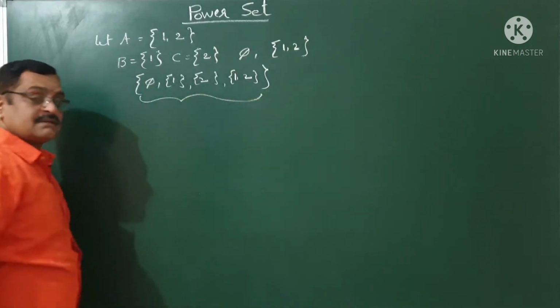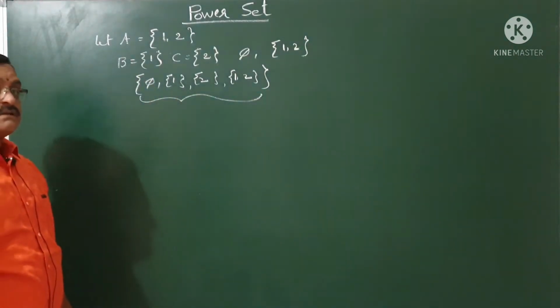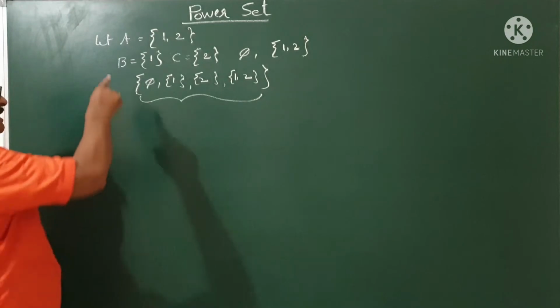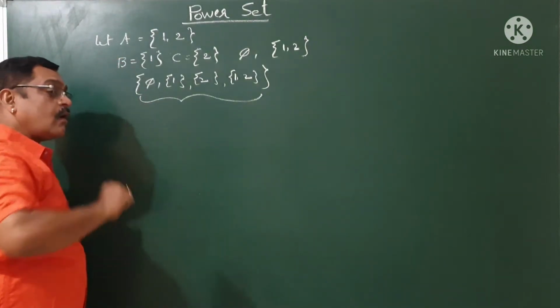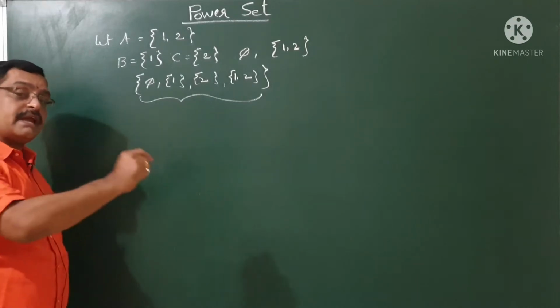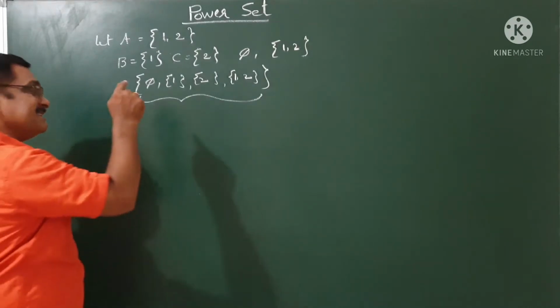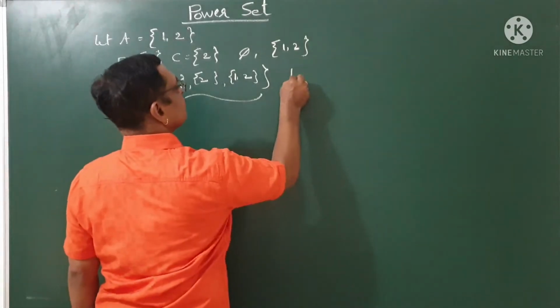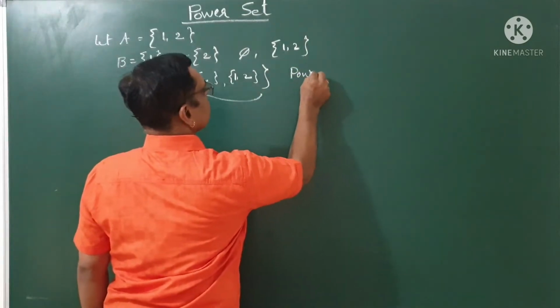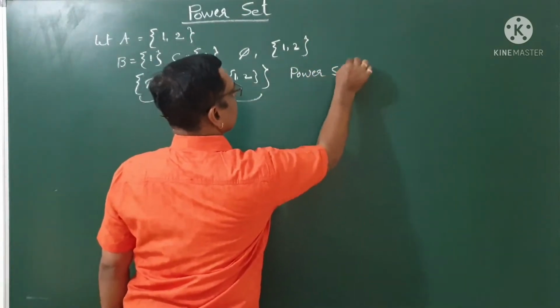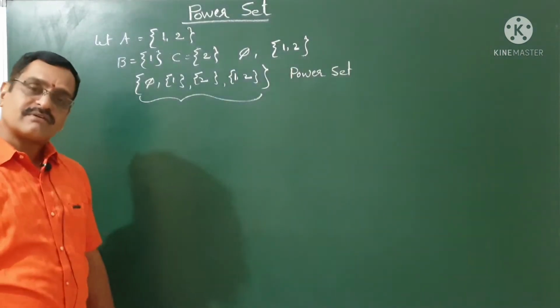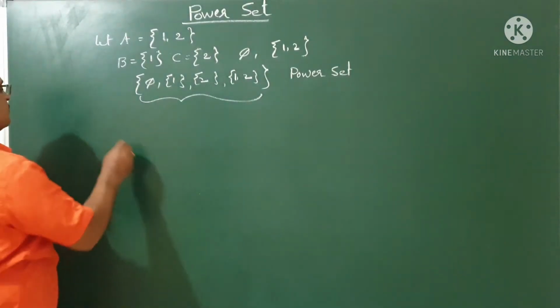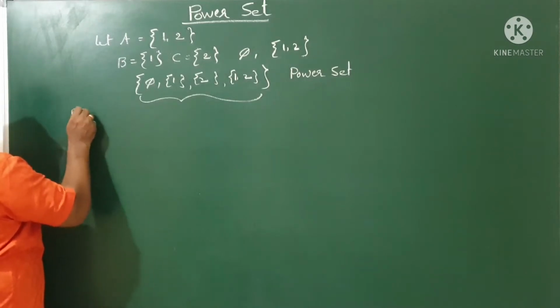This is the set of subsets of A. The set of all subsets of A. And this is called the power set. So, what is the definition of power set?